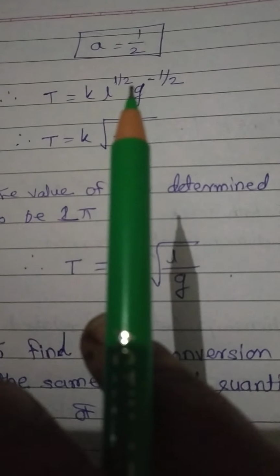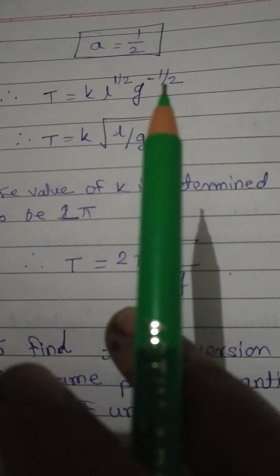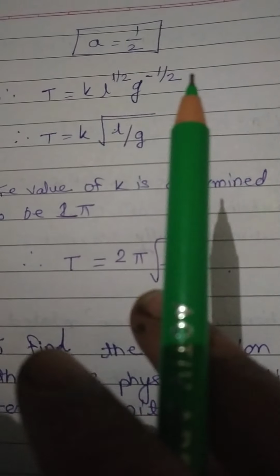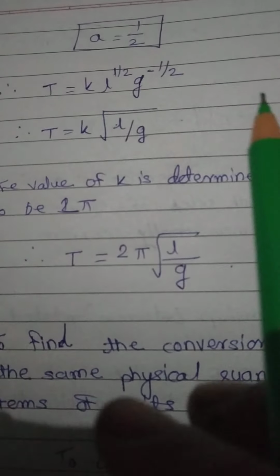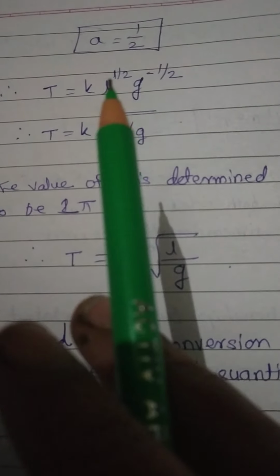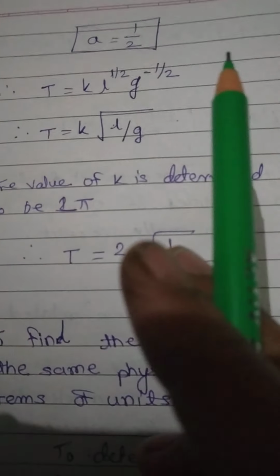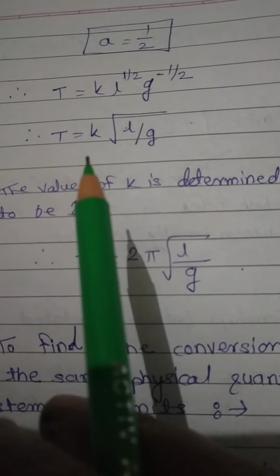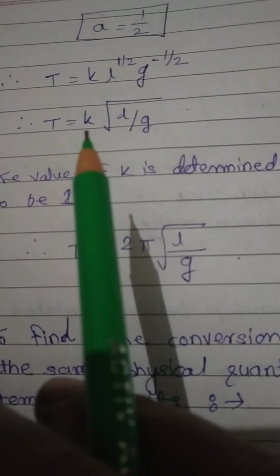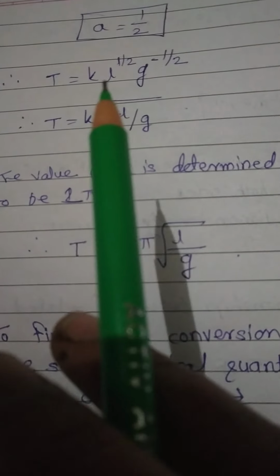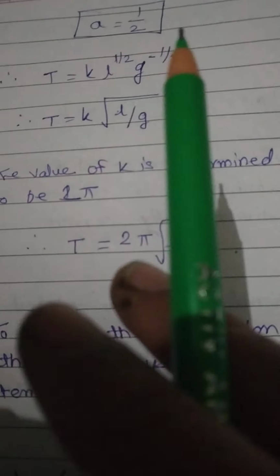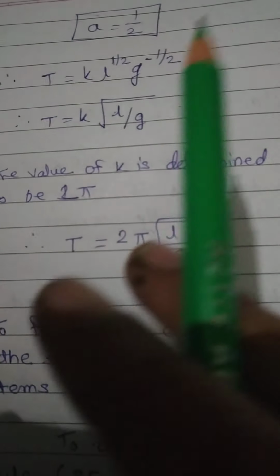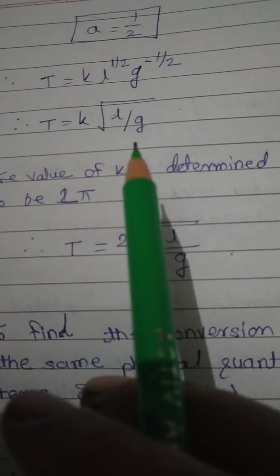So half and minus half: half represents a square root, while we only represent square, so we get a squaring term. So here half means the square root term. So we get T is equal to k, the proportionality constant, in the root of L, since the power is half, so it is in the numerator, and g has power minus half, so we get the reciprocal, meaning it is in the denominator.